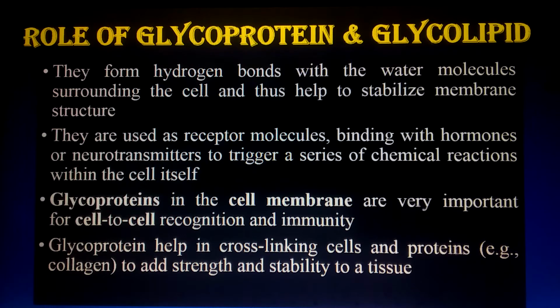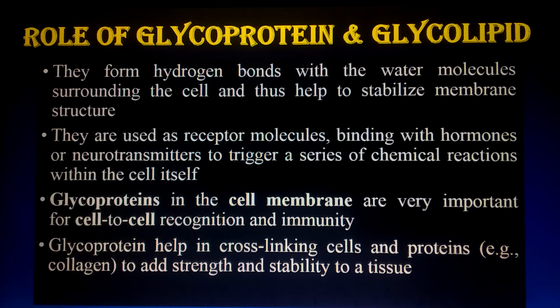Now I'm moving towards the role of glycolipids. Very important. Like you have seen the roles of the phospholipids, the proteins and cholesterol, now you are learning about the role of the glycolipids and glycoproteins. They form hydrogen bonds with the water molecules, like carbohydrates form hydrogen bonds with the surrounding water.